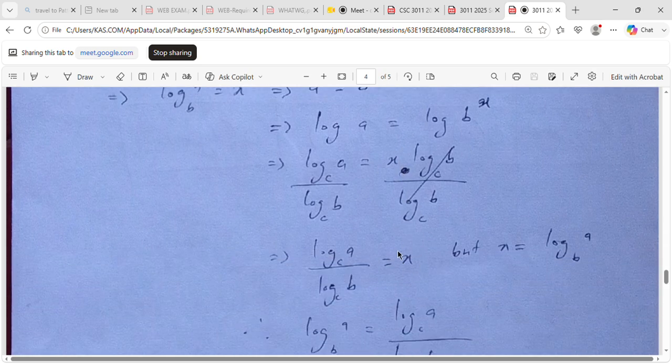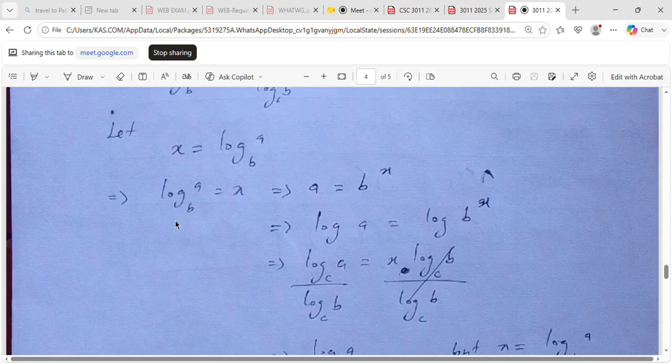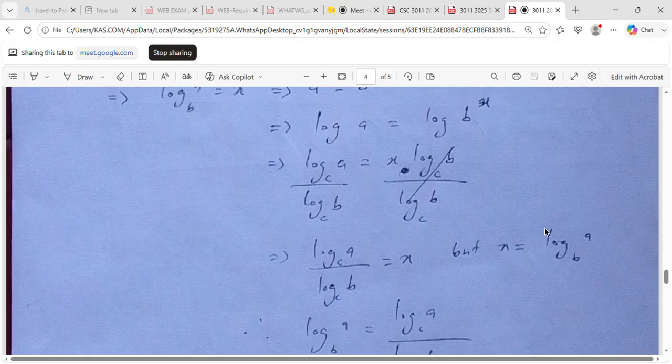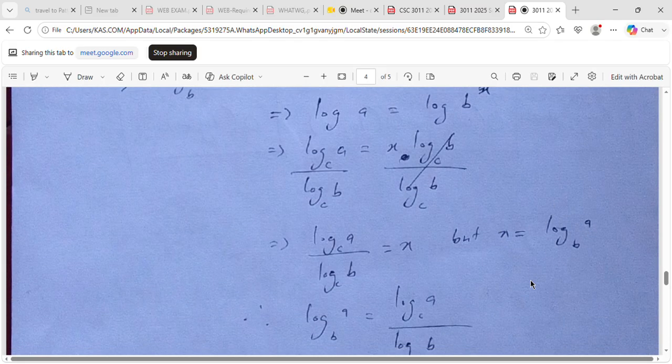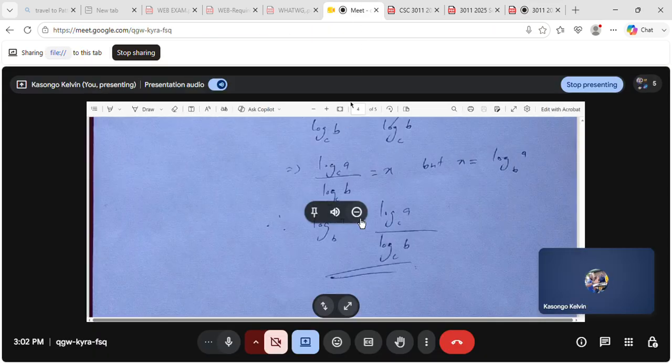So that is the x, log a, then log b to that base. But remember, your x is log a base b. That means wherever there is x, replace back that guy, and you have that solution. And that's how we prove that. Is that good?